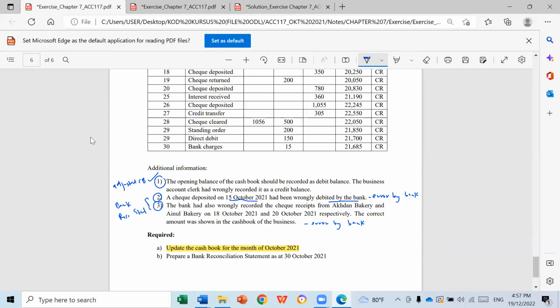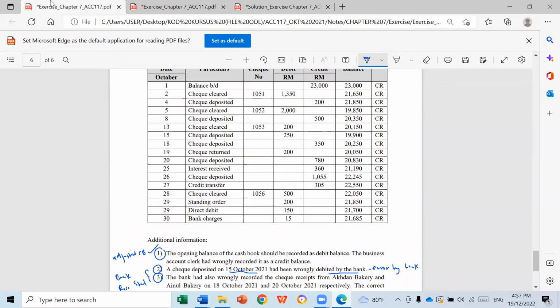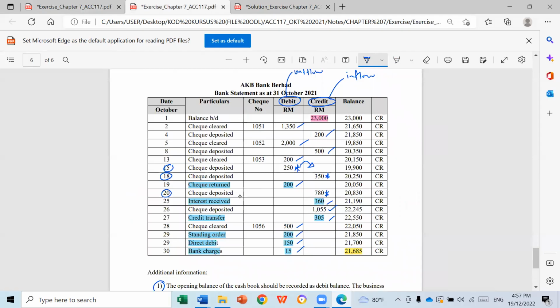So we have number 1, the first error, check deposit on 15 October had been wrongly debited by the bank. So this is the error made by the bank, where the bank has debit the amount. This amount should be recorded in the credit side. Since the error made by the bank, we are going to record in the bank reconciliation statement and we have to follow the error.